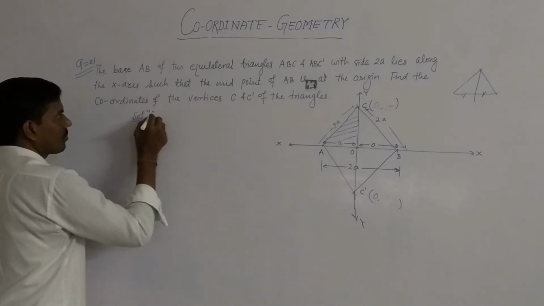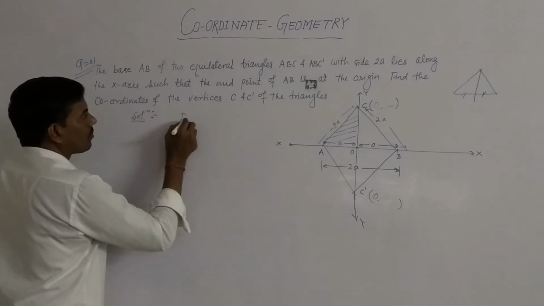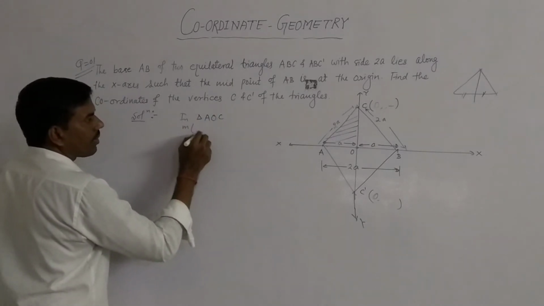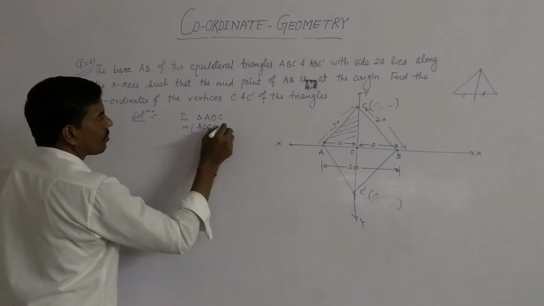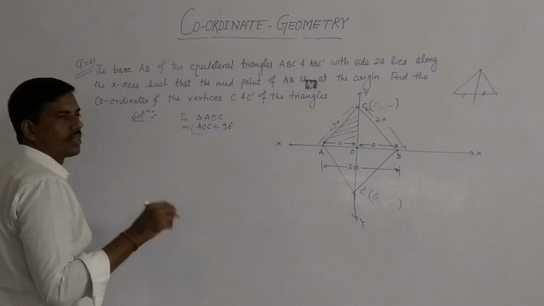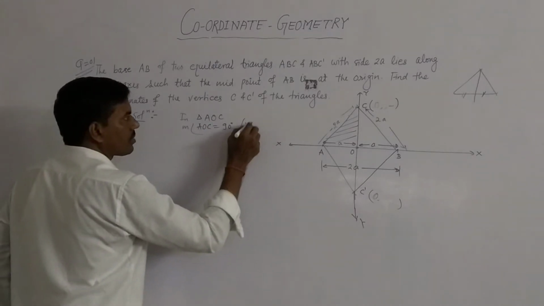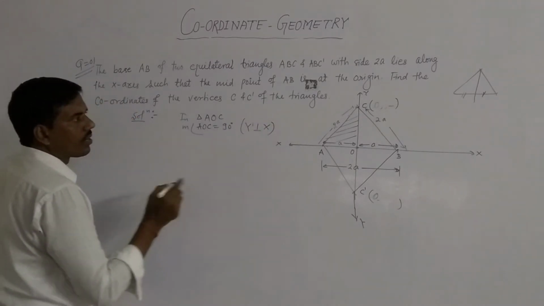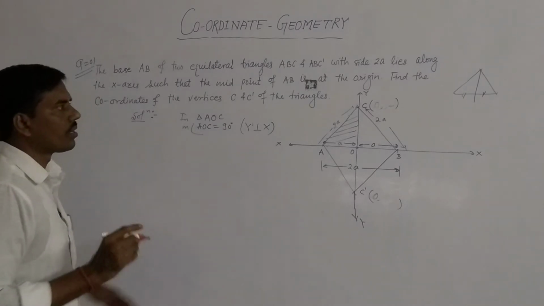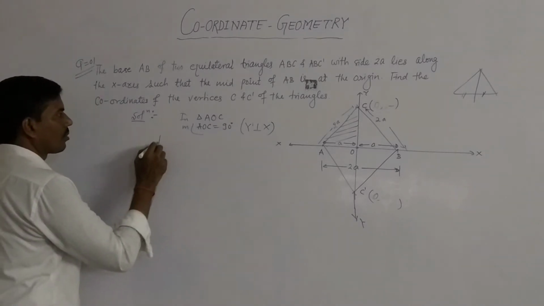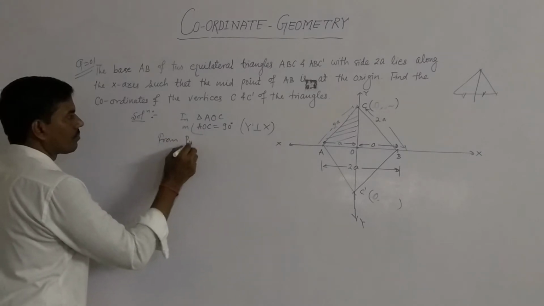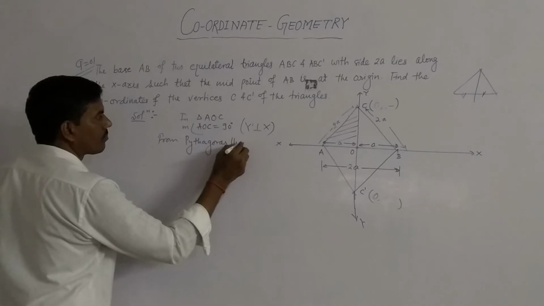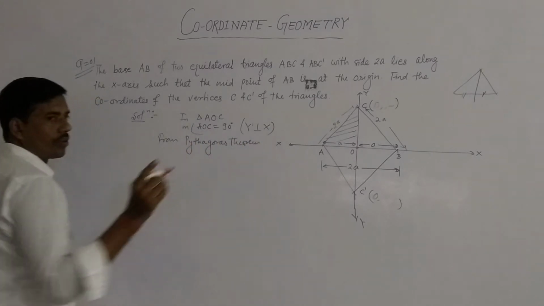Solution: in triangle AOC, the measurement of angle AOC is equal to 90 degrees. Reason: the y-axis is perpendicular to the x-axis.